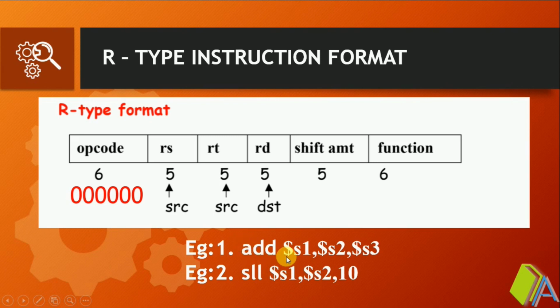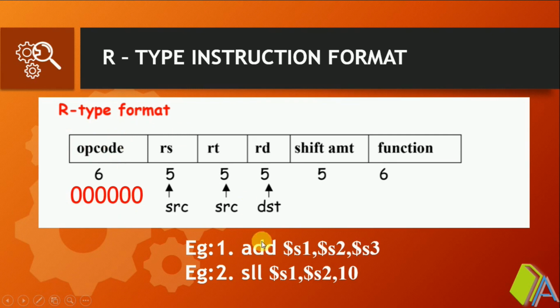Whenever an instruction contains operands only as registers, we can classify that type of instruction as R-type instruction format. One very important thing is that the opcode for all R-type instructions is always 0.